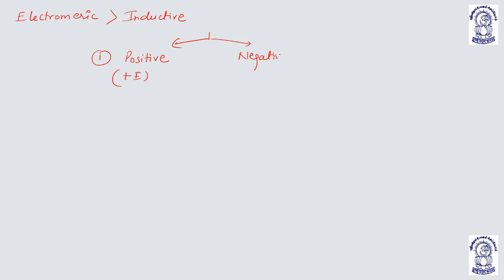Electromagnetic effect dominates over inductive effect. It is of two types: positive or plus E, negative or minus E.